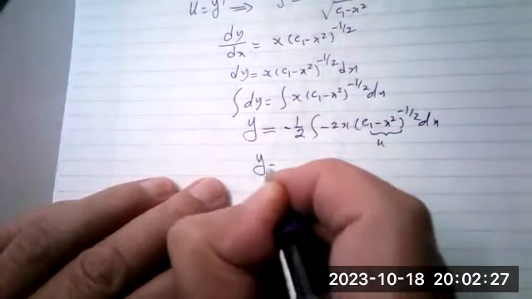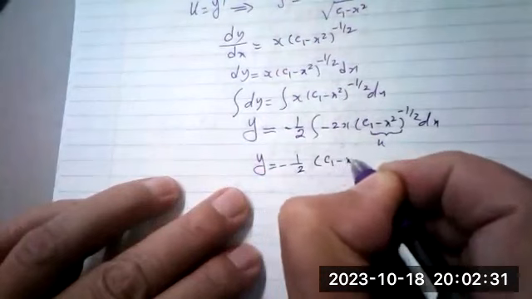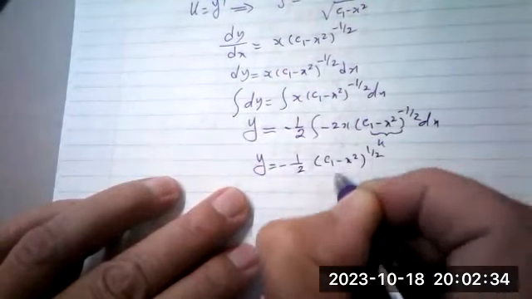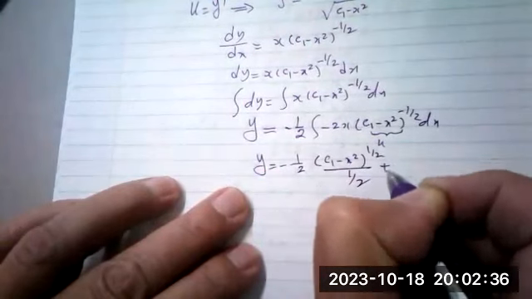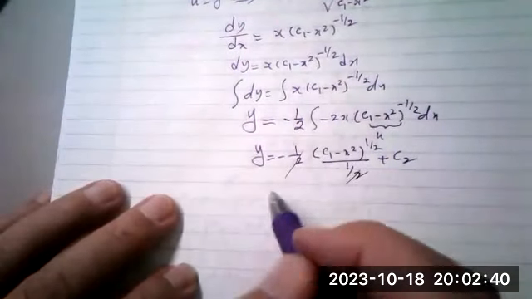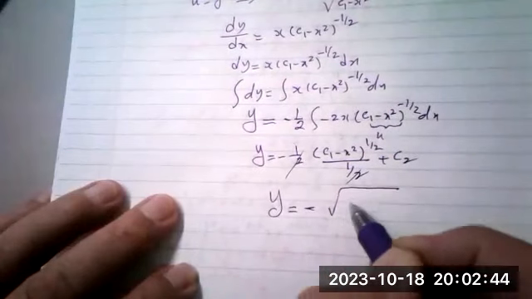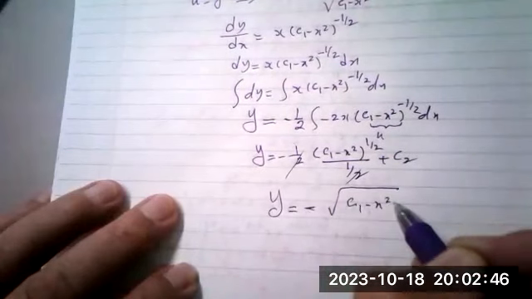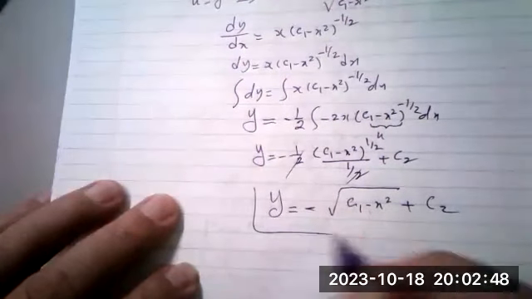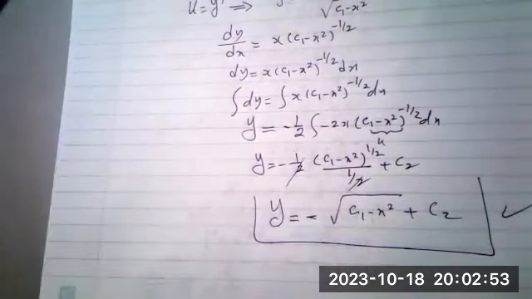So y would be negative 1/2 times c1 minus x squared to the half divided by half, plus c2. 1/2 and 1/2 will cancel out. So eventually y would be negative the square root of c1 minus x squared plus c2. Okay, it's the most general solution that you can have for y.